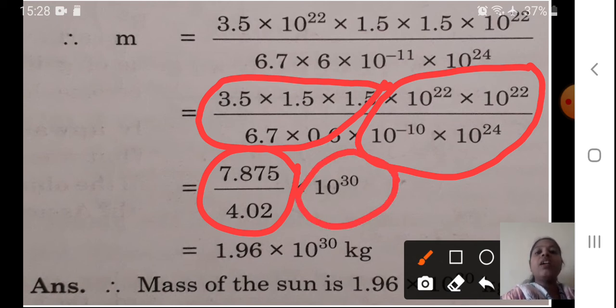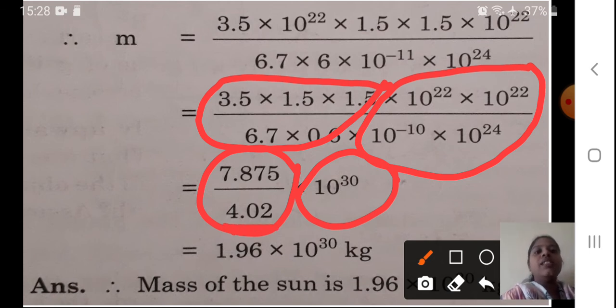When you solve it, you will understand it better, because 10 raised to 22 and 10 raised to 22 are there. 10 raised to minus 10, when it goes up, will become plus 10. And this 10 raised to 24, when it goes up, will become 10 raised to minus 24. When you solve it, you will get 10 raised to 30.